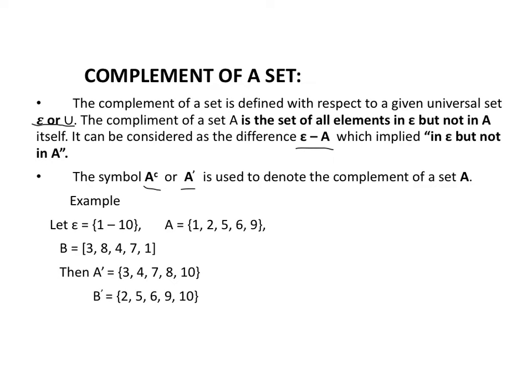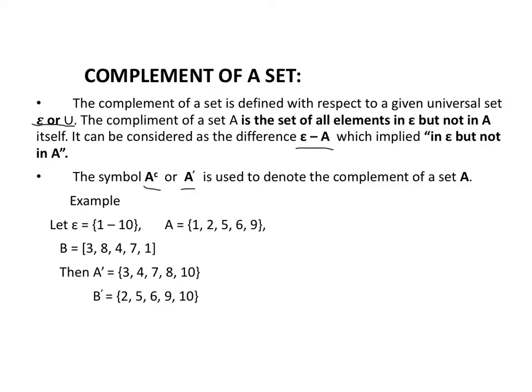Example, let E, that is the universal set, be the set of numbers between 1 to 10. That is 1, 2, 3, 4, 5, 6, 7, 8, 9, 10. While A is a set of 1, 2, 5, 6, 9. B is equal to 3, 8, 4, 7, 1.